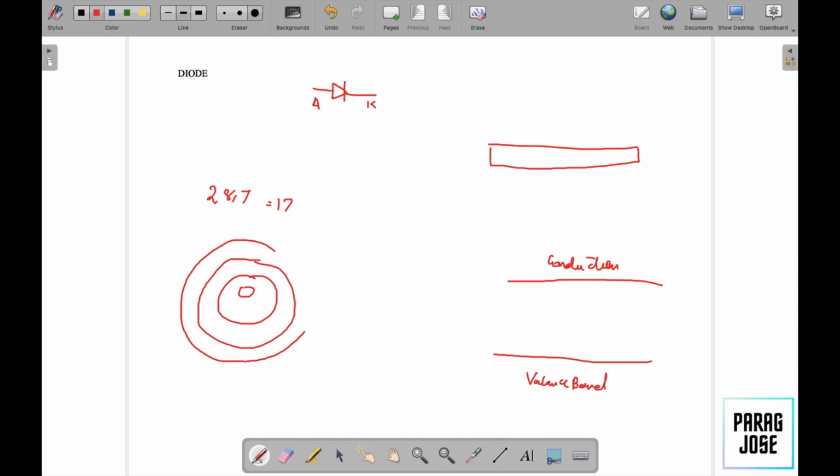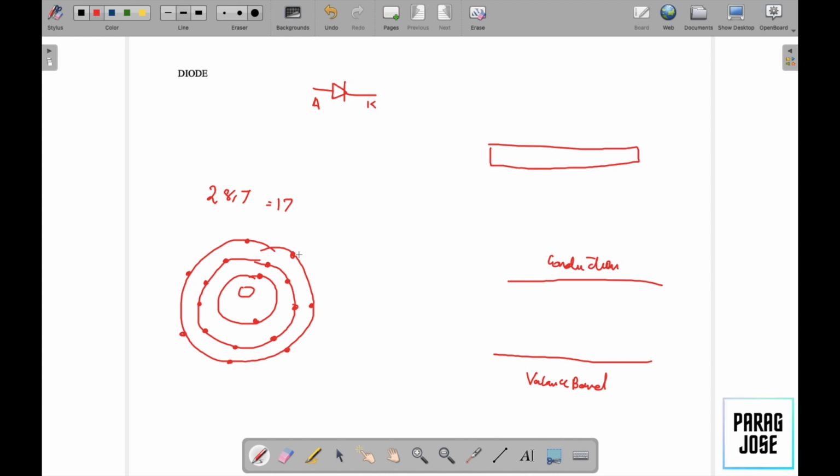The electron division will be such that there will be 2 electrons on the inner orbital, 8 electrons on the next orbital, and 7 electrons in the outermost orbital.